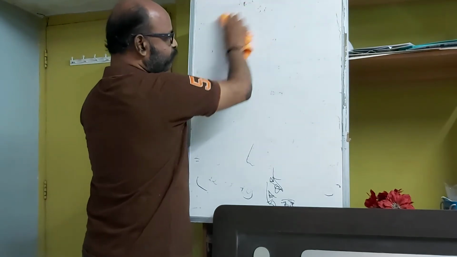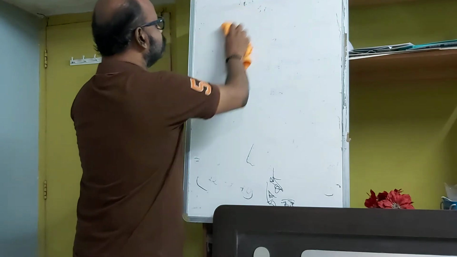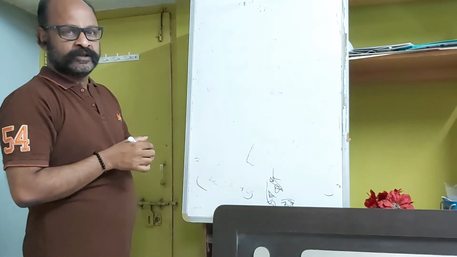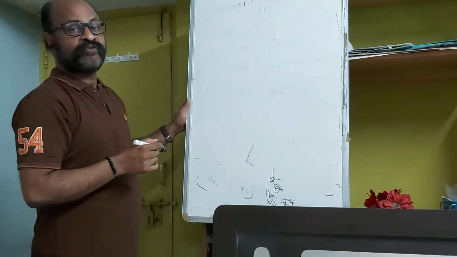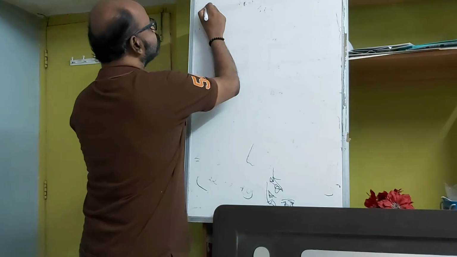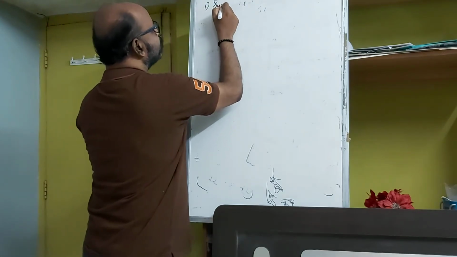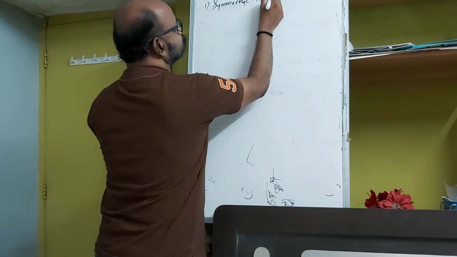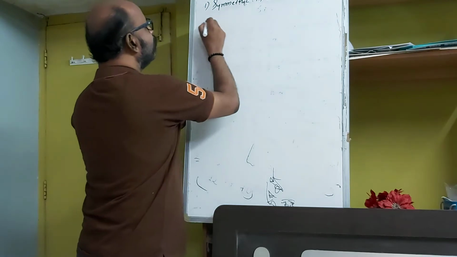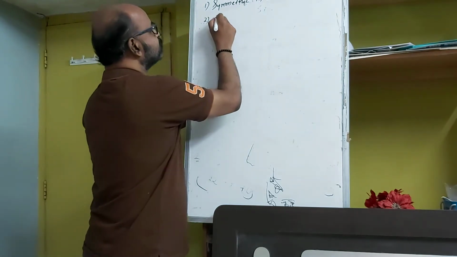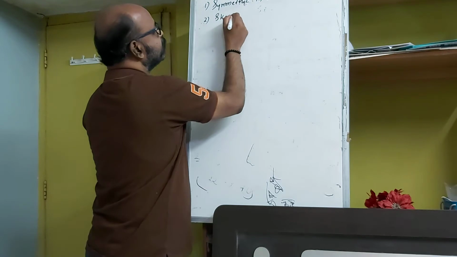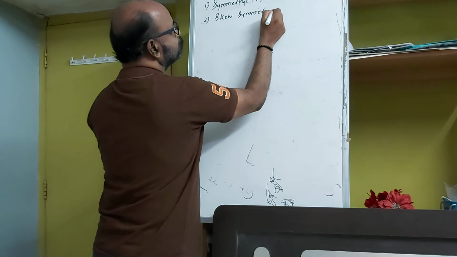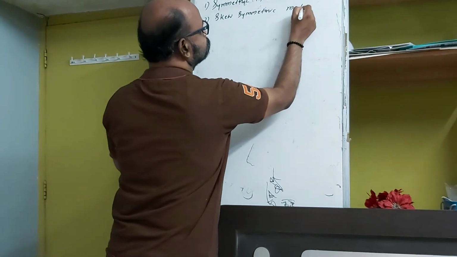Now, by using the concept of transpose, we come to two types of matrices. The first one is what is meant by a symmetric matrix, and thereafter we discuss what is meant by a skew symmetric matrix.